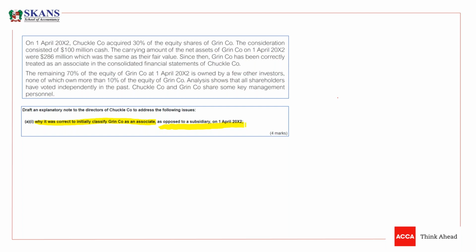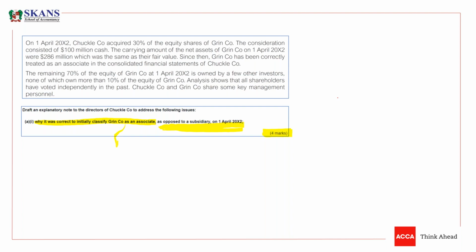If you are not writing why this company is not a subsidiary, then you will get only 2 marks. The total marks of this part is 4 marks. You have to prove why this is an associate, and you have to prove why this is not a subsidiary. The majority of students who attempted this question in past exams missed these 2 marks.